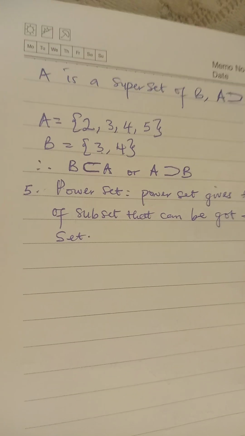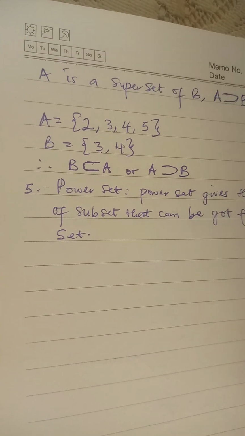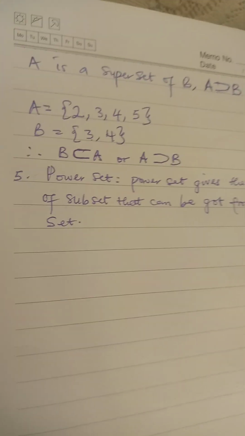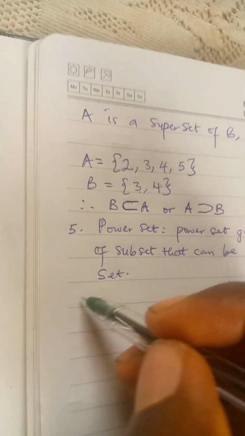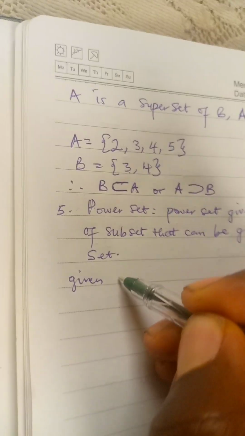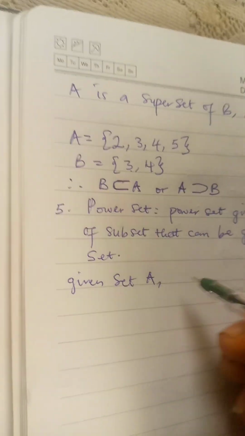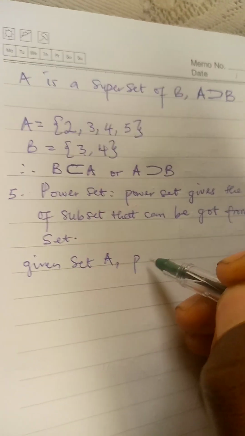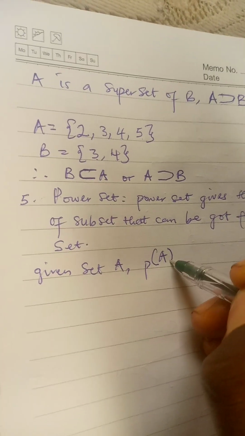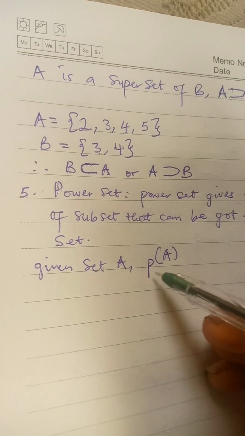Okay, so let's say that we are given a set A. The power set of A will be written as P(A). You can see the way I wrote it, the P is more like a subscript.